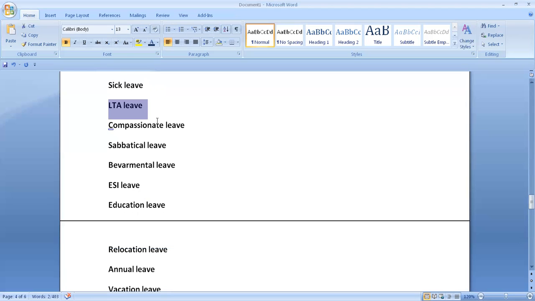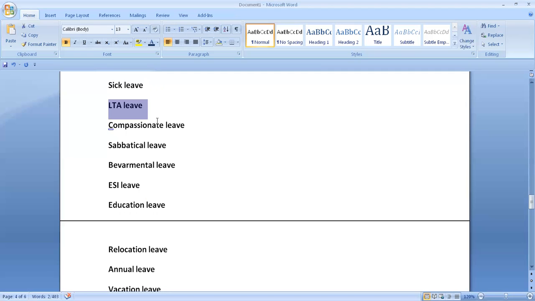So there are fixed years in a slab, 4 years in a slab, and employees are eligible for two LTA travels. If leaves are available, they can be granted by the company to the employee, LTA leave.